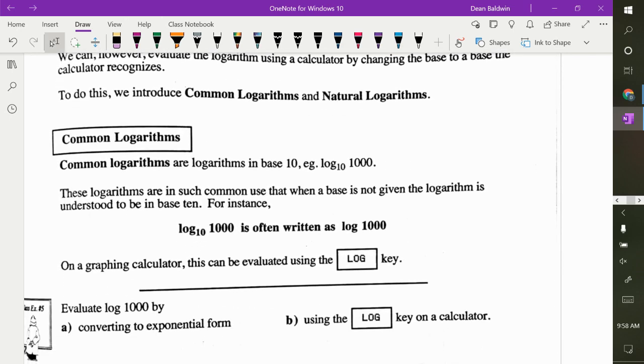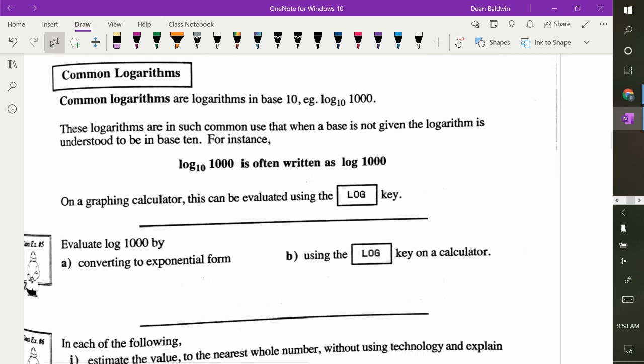So there are 2 types of common logs. The first one is base 10. Base 10 is so common, they don't even write the 10. If they just write the word log like this, that means base 10. So on your calculator, you should have a LOG button.